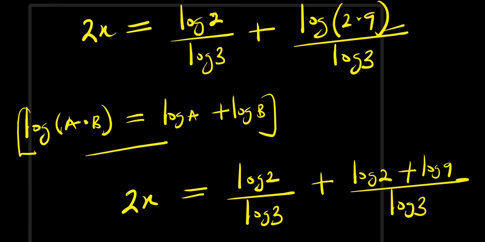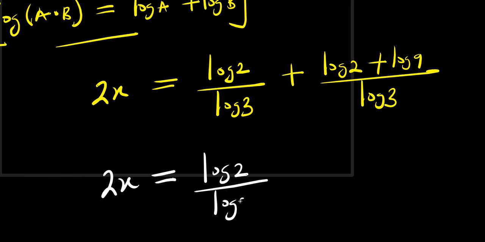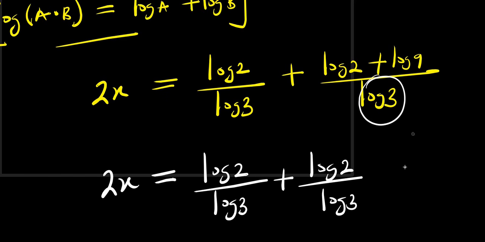So right here we have 2x equals log 2 divided by log 3 plus log 2 divided by log 3, with the common denominator, plus log 9 divided by log 3.